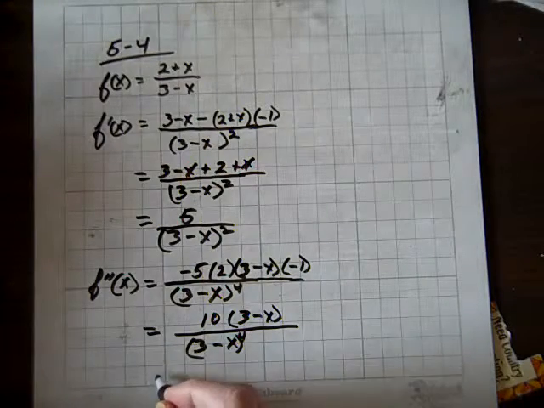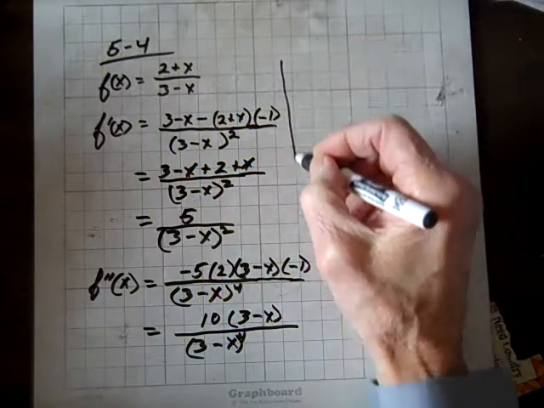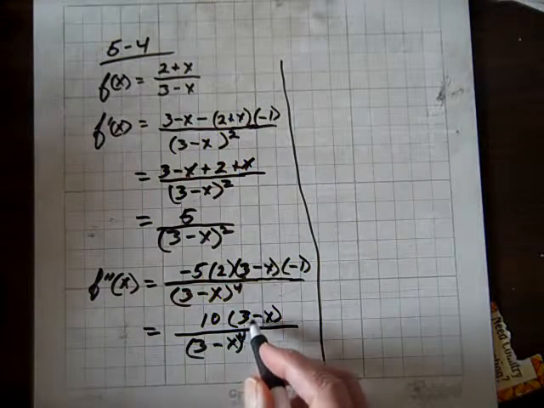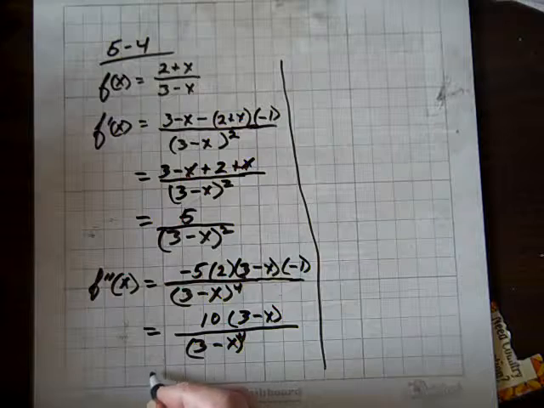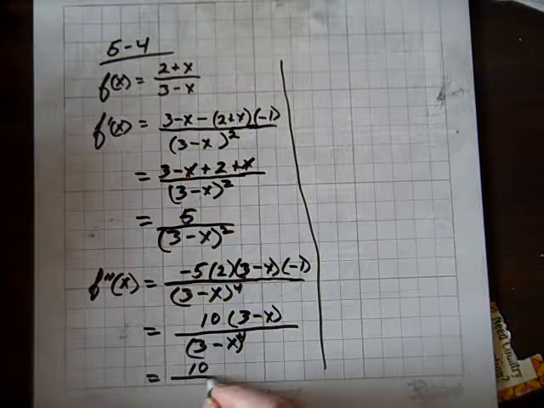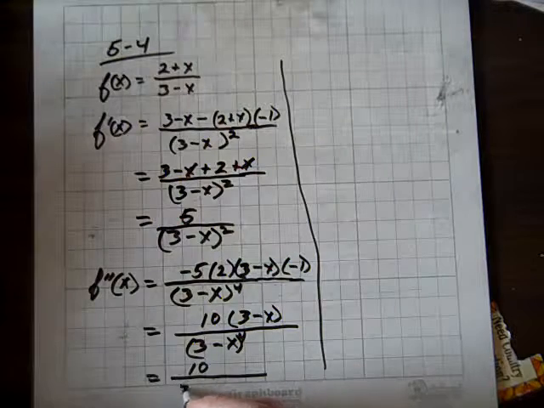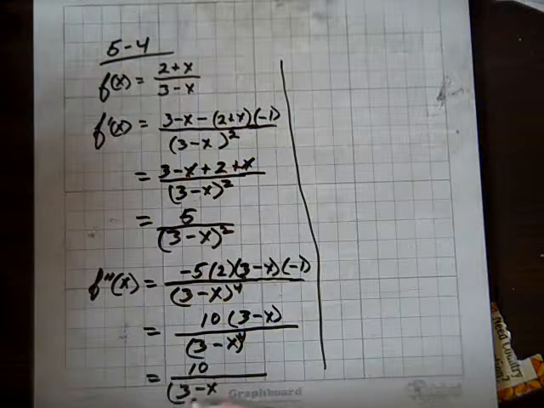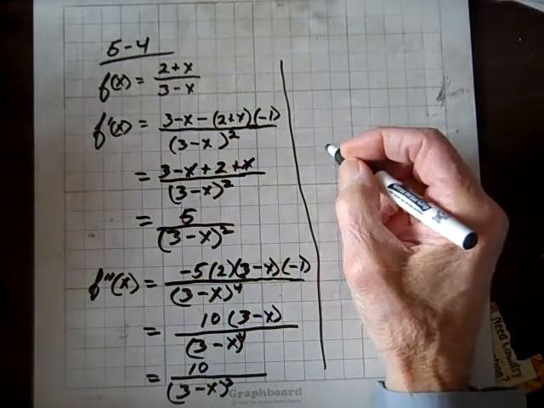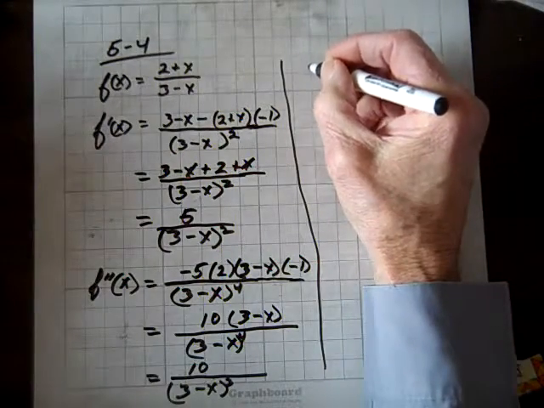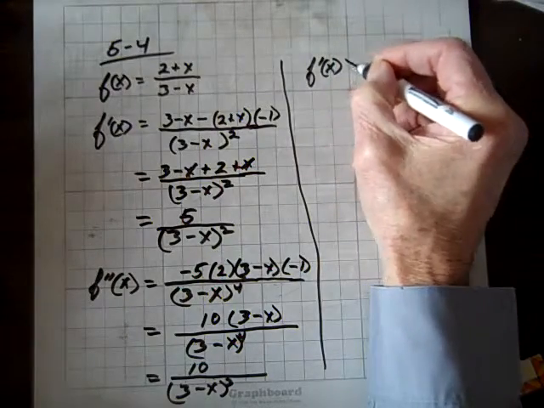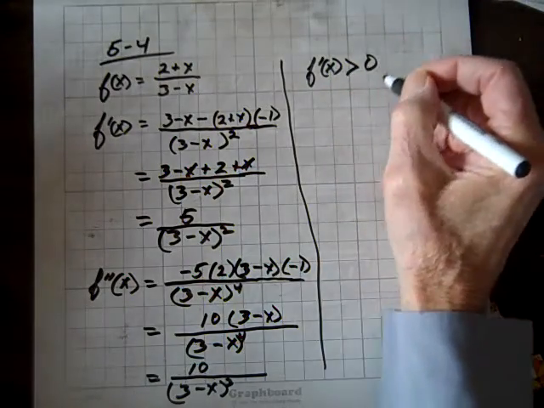And now keep in mind, I'm going to start over again right up here. So one of these factors of 3 minus x divides out, and we get 10 over 3 minus x cubed.